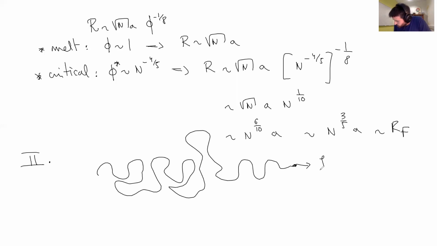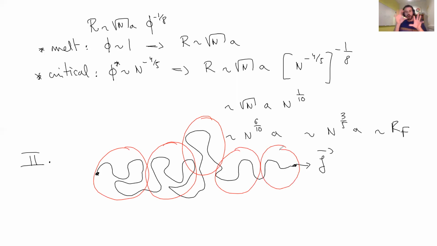If you pull, not too strong, so that it's not fully extended, you will start to progressively elongate the chain. And what we will discuss in a minute is that, in fact, everything is as if your chain was mostly a linear assembly of blobs.